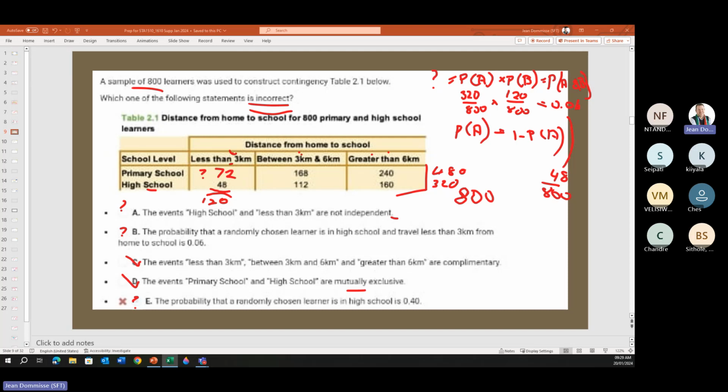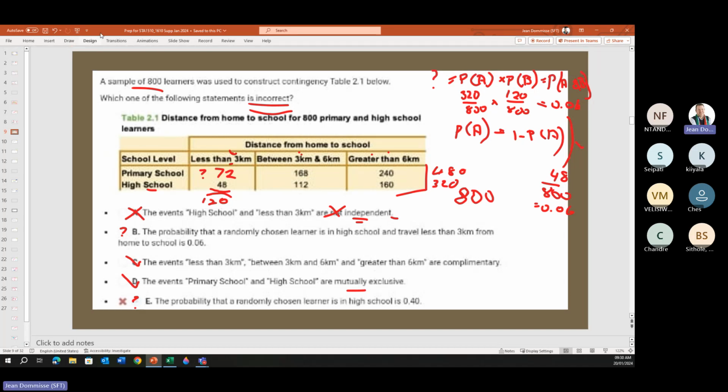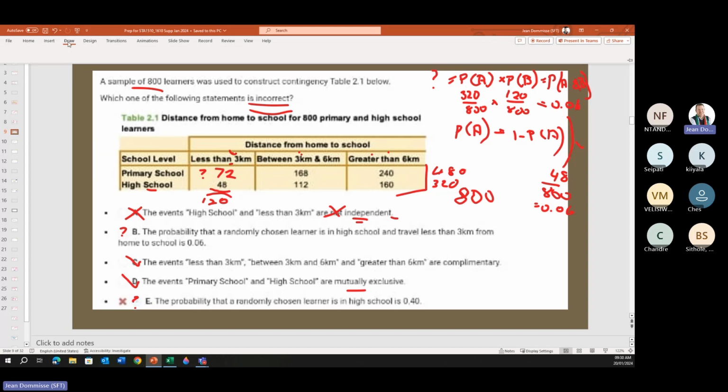So 48 divided by 800 is 0.06, which is the same. So the two are independent. Okay, the statement says the events high school and less than are not independent. So I have the one that is incorrect, because they are independent and the statement says not independent. Okay, so option A is the wrong one.